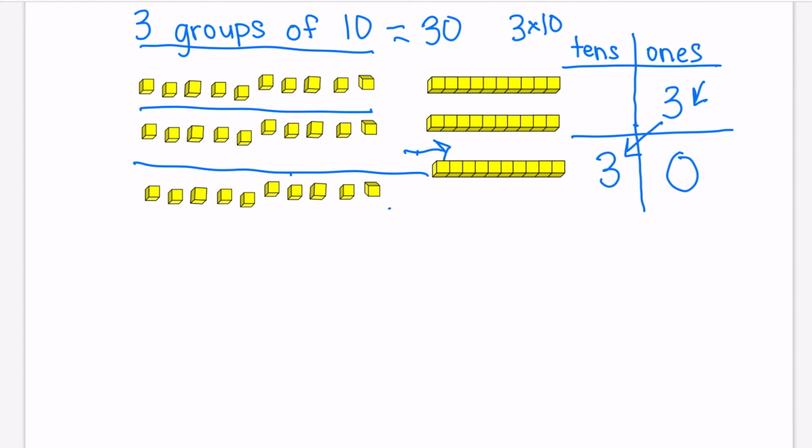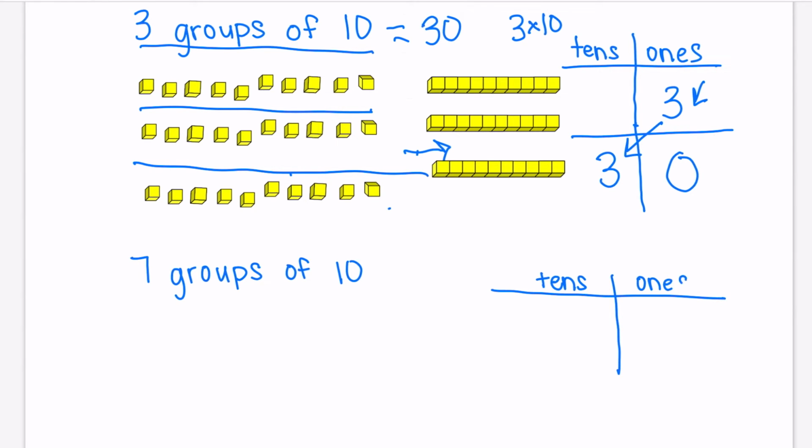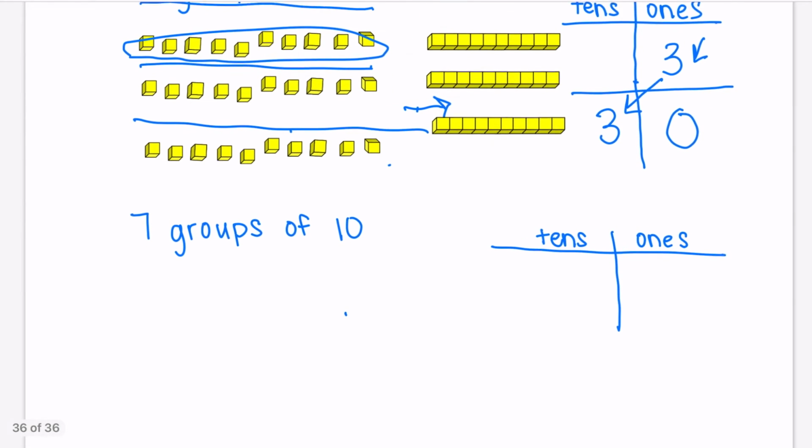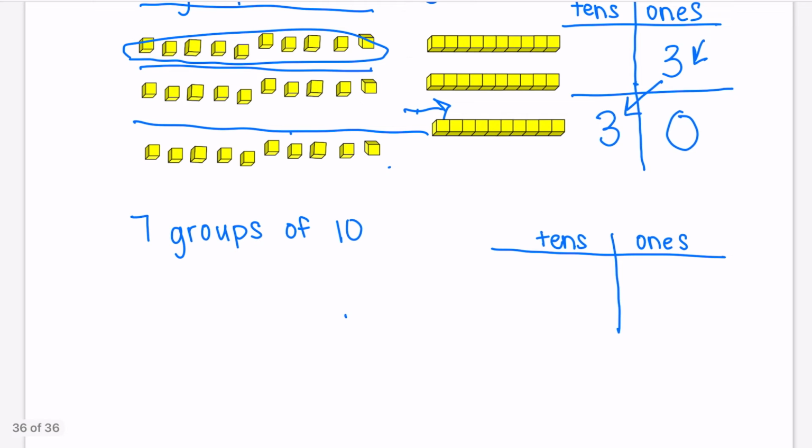Let's look at this using 7 groups of 10. Okay, so I'm going to move on from using these individual units to now using numbers. I'm going to build my 7 groups.